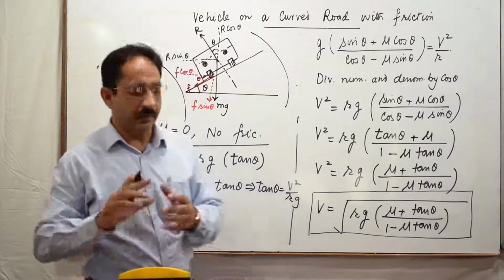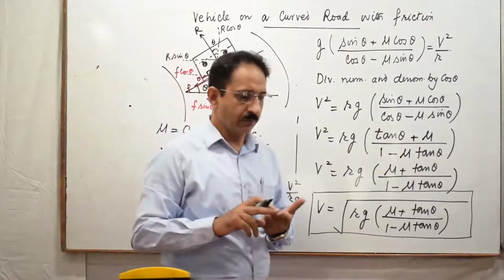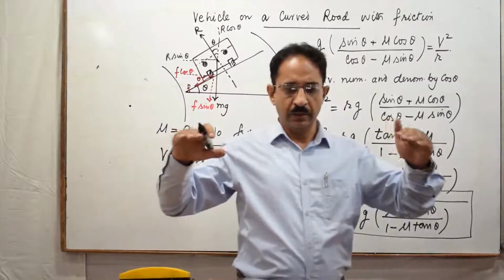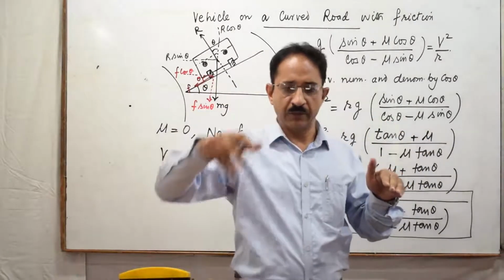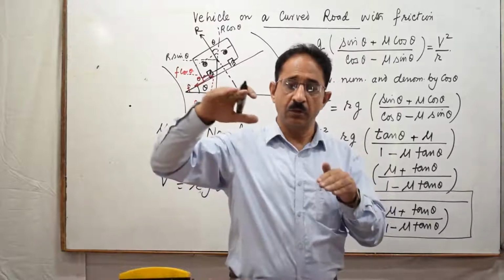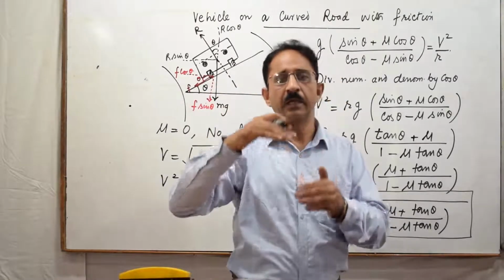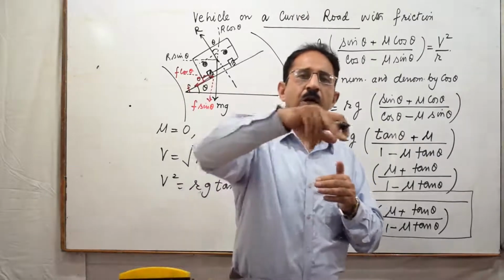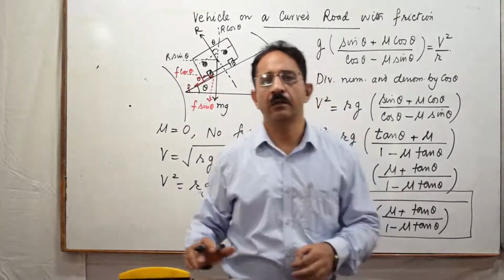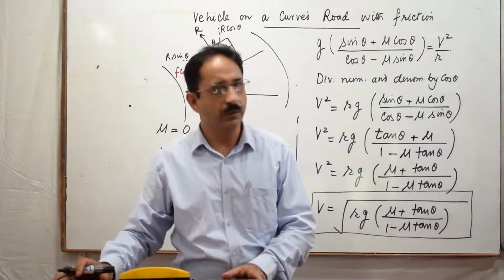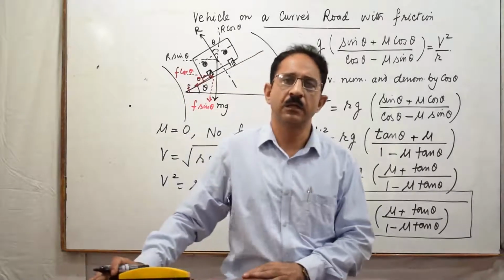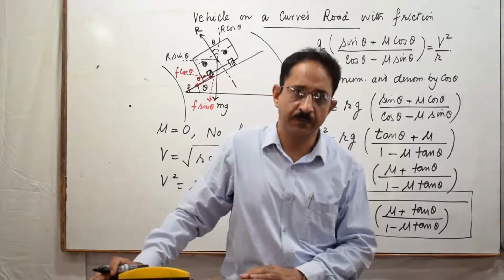So we have earlier talked about the concept of a level road which is curved with friction, then a banked road without friction which is curved, and today we combine that we have a banked road which is curved and it has friction. Here are the results in front of you. Accordingly, you can apply these results to solving problems on this concept.